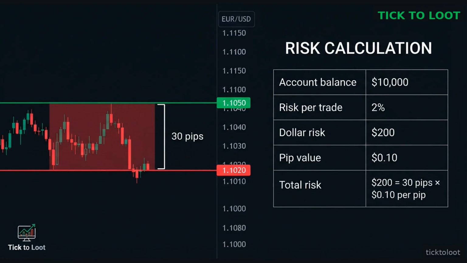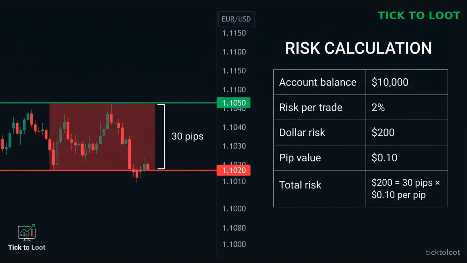Next, we look at the stop-loss distance we set earlier, 30 pips. A pip, as we mentioned, is the smallest price move. Here it's 0.0001 in the euro to US dollar quote. To find out how much each pip is worth in dollars, we use the formula pip value equals dollar risk divided by stop-loss pips.